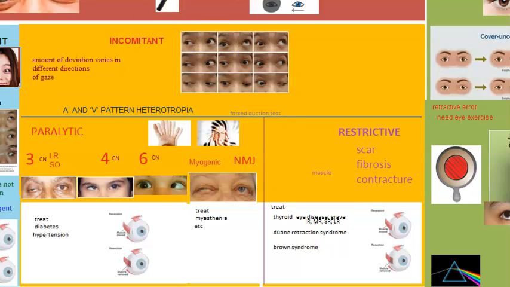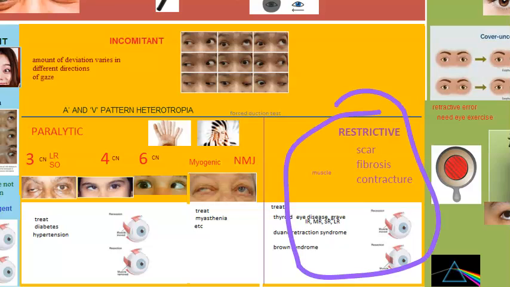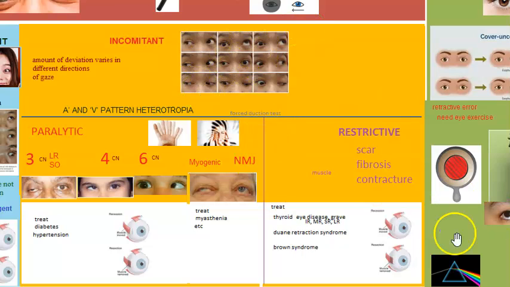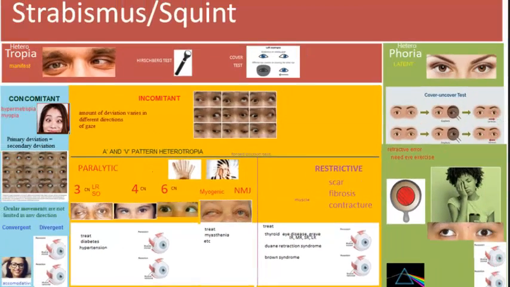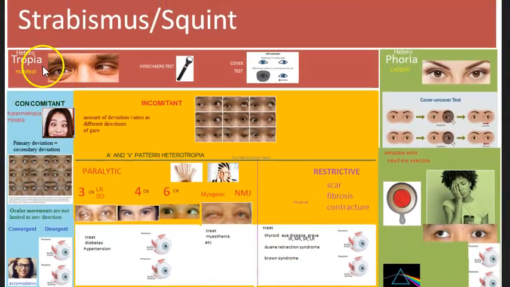Paralytic means the muscle is not working either because of the nerve, or because of the muscle, or because of the neuromuscular junction. So it's paralyzed. The other one is restrictive because of some scar or fibrosis or contracture. So these are again two types of incomitant hypertropia. Okay, got it, right?